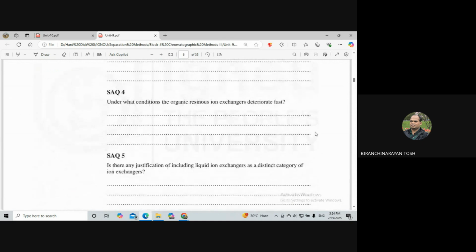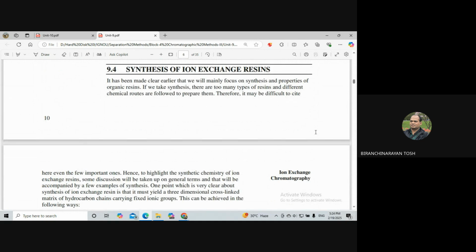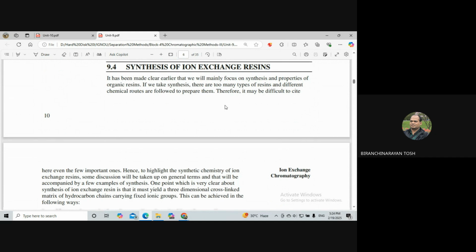Okay, then the synthesis of ion exchange resins. Different chemical routes are followed to prepare the ion exchange resins, so it may be difficult.